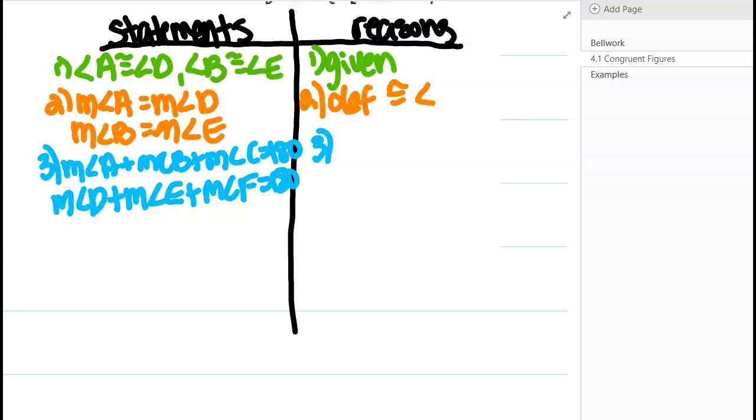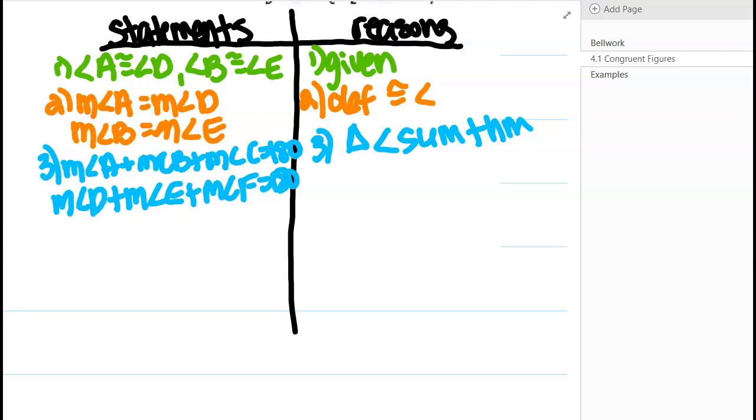We talked about the sum of the angles in a triangle equaling 180. This is what those flip books are for, right? The triangle angle sum theorem. The triangle angle sum theorem says the angles in a triangle add to be 180.